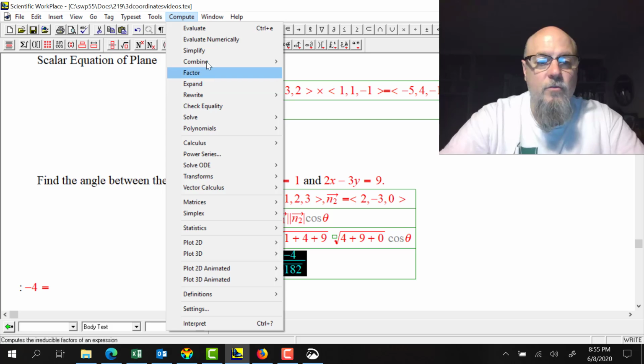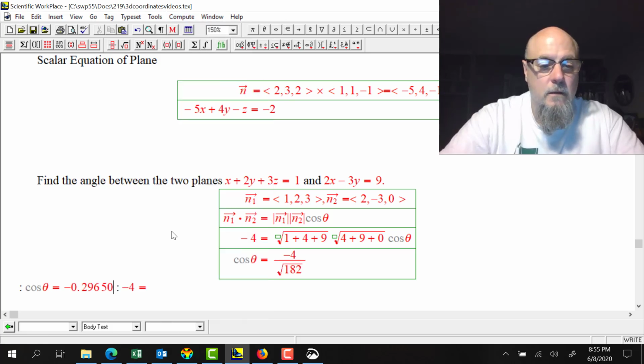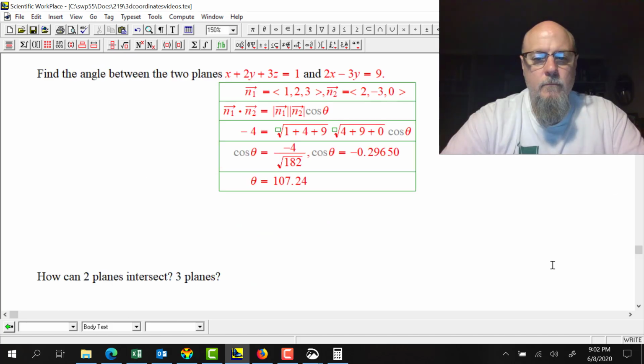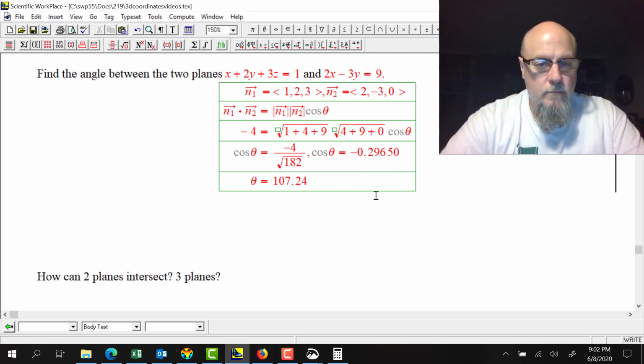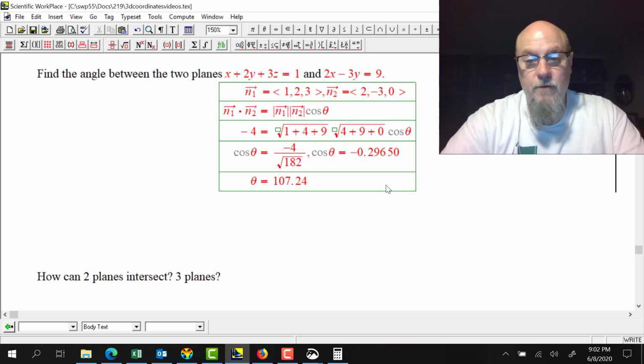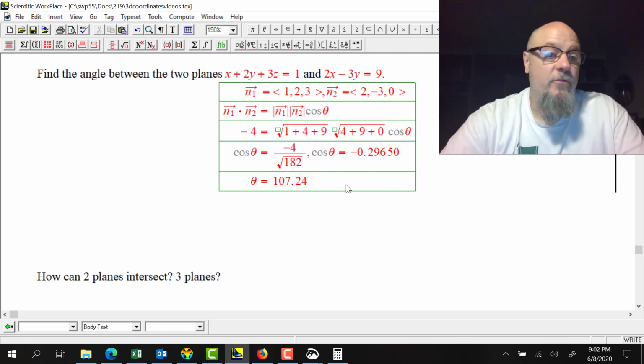So let's just solve this numerically. Cosine theta is equal to minus 0.29650. It's negative, so it's going to give an answer bigger than 90 degrees. It does. Theta is equal to 107 degrees.